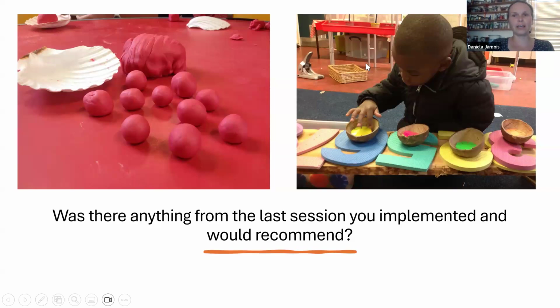This is your chance to share what you were able to do, because I obviously did not cover everything, but it may be that there was one idea that you thought, I'm going to try this. Most of the activities you could implement pretty much straight away.